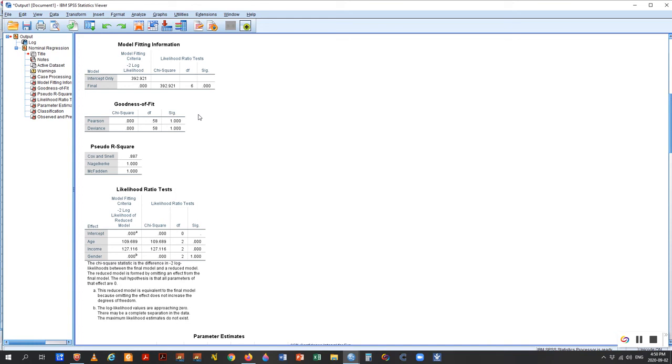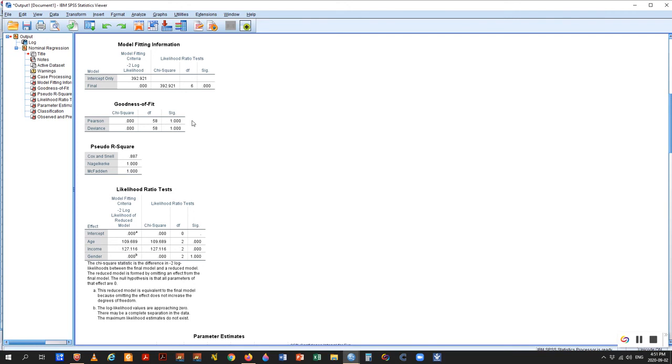If there is a significant result, and here let's look at the significance is 1.00, this would be traditionally not a significant result, right? Because we would normally want a value of less than 0.05, less than 5%. But if there's a significant result, it indicates that the model does not fit the data well. A significance of less than 0.05 indicates that the model does not fit the data well here.